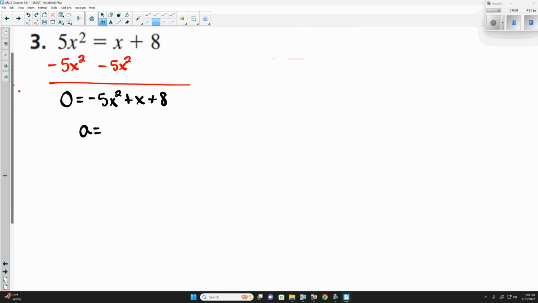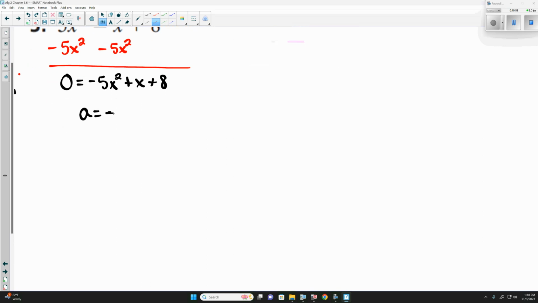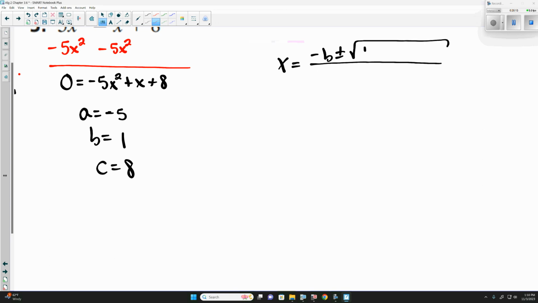Our value of a is negative 5, our value of b is, value of c is. Negative b plus or minus the square root of b squared minus 4ac all over 2a.